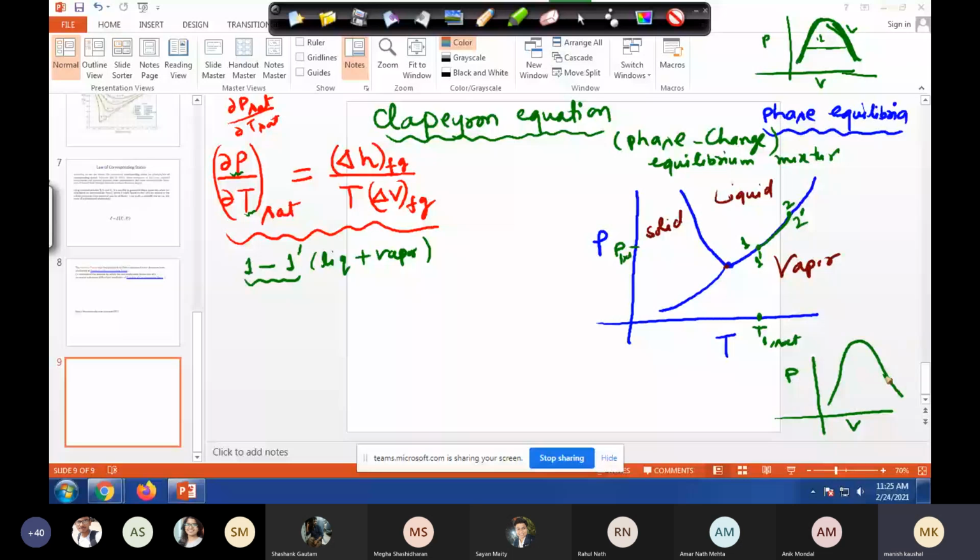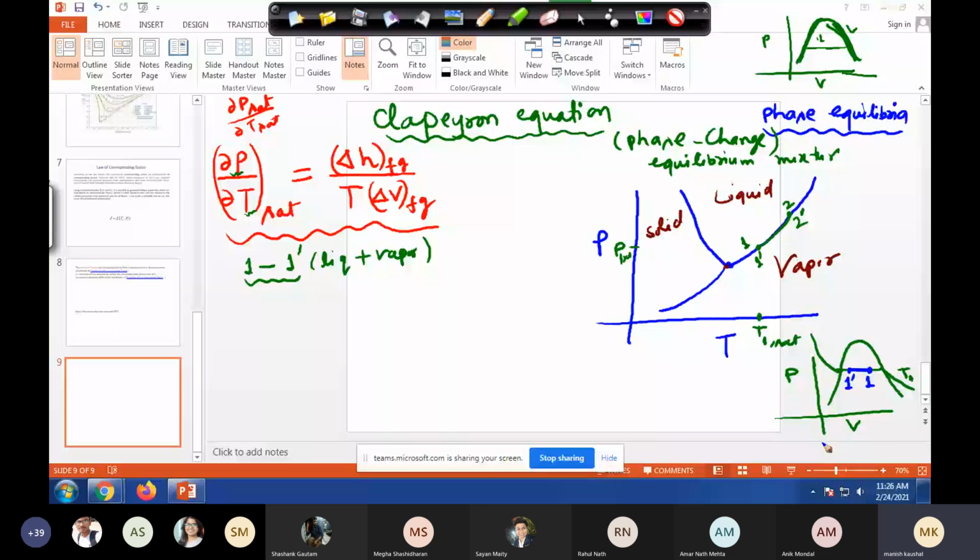Basically, let's say you are somewhere, so draw an isotherm. Let's say this temperature is this one. This is the isotherm at temperature T1. Maybe you are somewhere here, and then you are moving along this line from 1 to 1 dash.